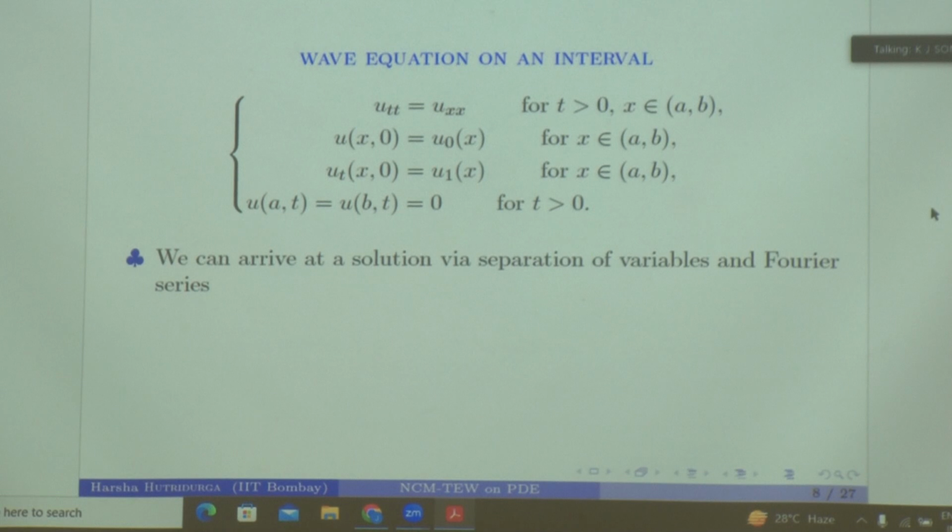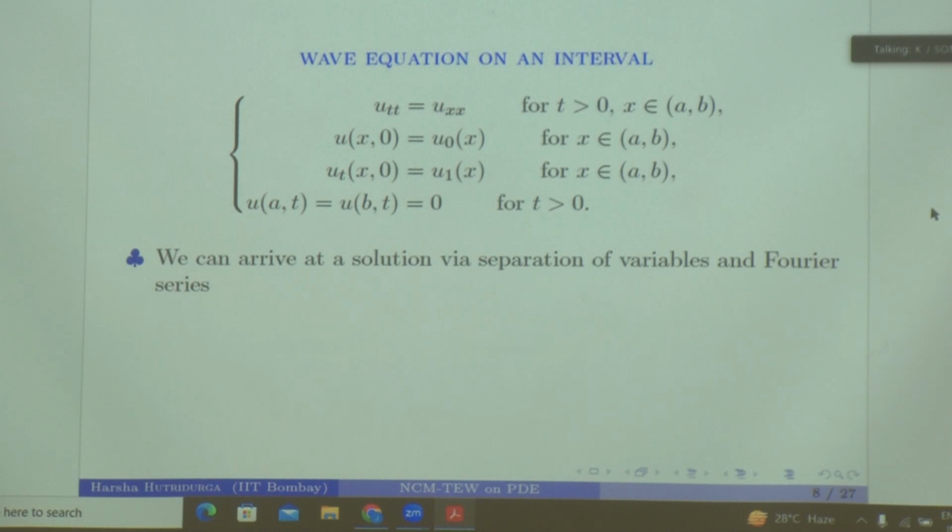Okay? So in this particular triangle, if I pick any point, I can draw the lines of slope 1 and minus 1. It will always fall here. And I can use the D'Alembert formula to find the solution to the wave equation in this entire triangle. But not beyond that.